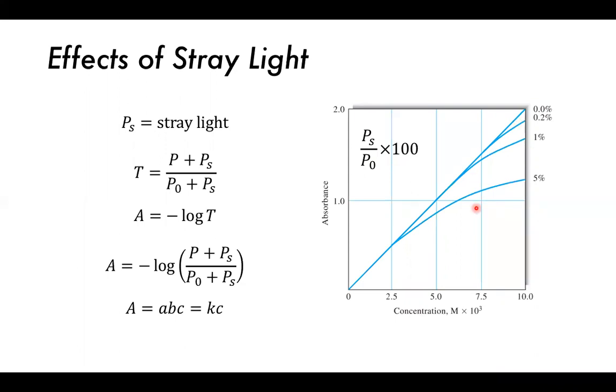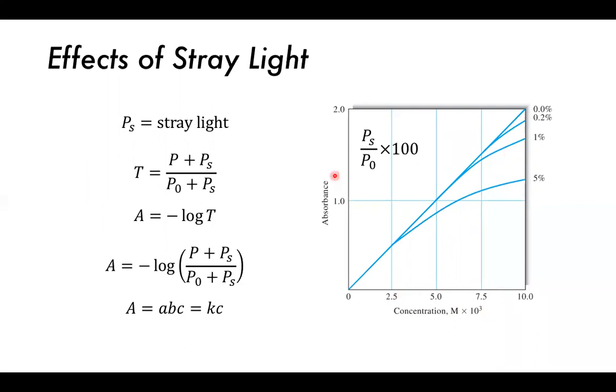Up to 5%, anything above 2.5 times 10 to the minus 3 concentration, remember, this is concentration times 1,000, so 2.5 times 10 to the minus 3 is the maximum concentration we can measure if we have 5% stray light within our spectrometer. Whereas we can go to higher concentrations and get correct absorbances if we have less stray light. So this is why stray light is so important to eliminate.